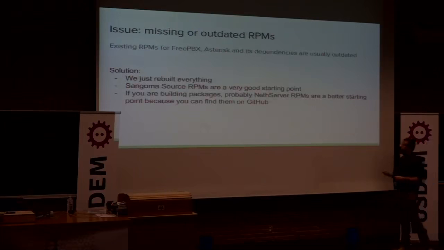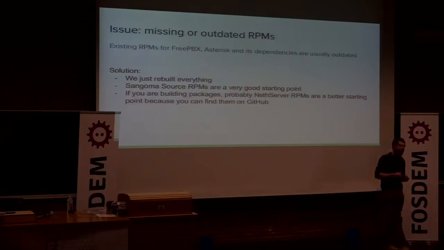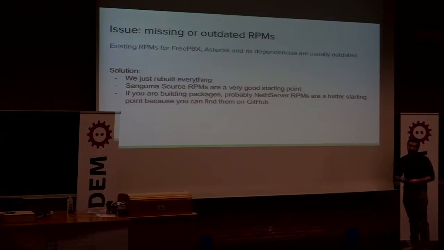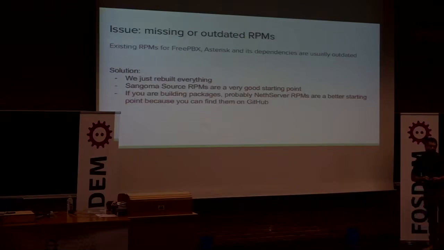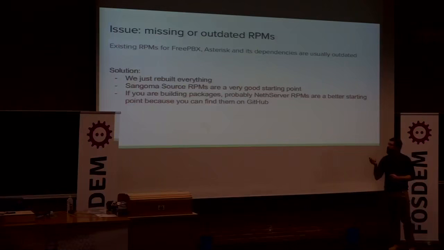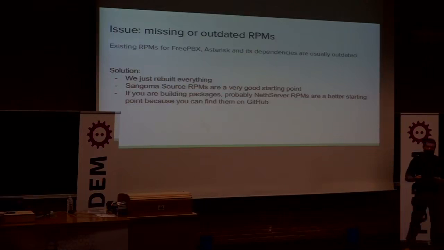Okay, another issue that we encountered is that it's not easy to find updated packages for Asterisk, FreePBX, and their dependencies. So when you start to build a new package, it's not easy to find other packages to copy from. We were lucky here because we could take the Sangoma source RPMs. It's a very good starting point because they are very up to date.